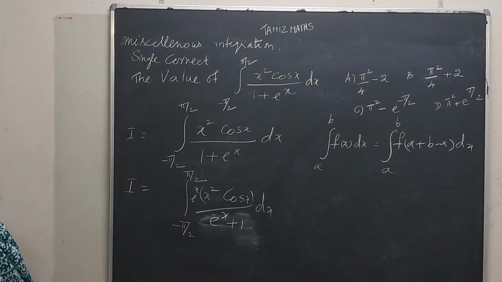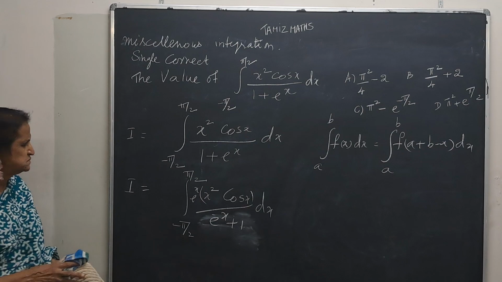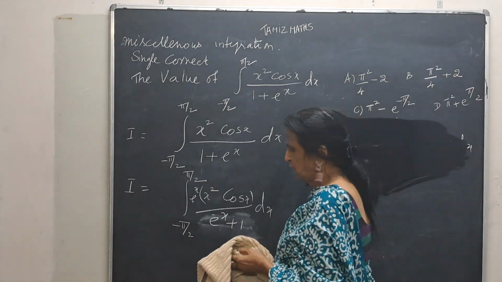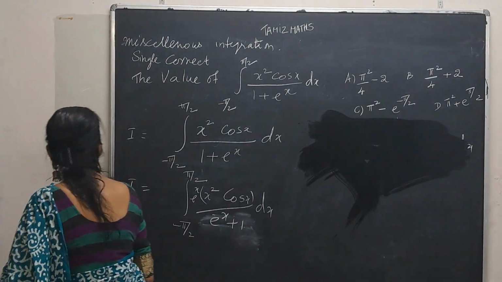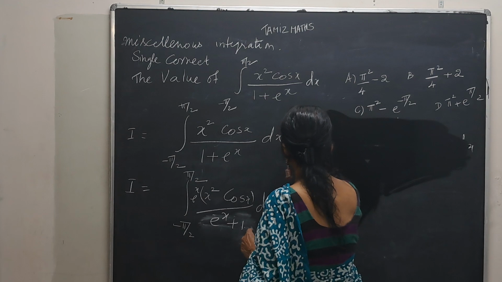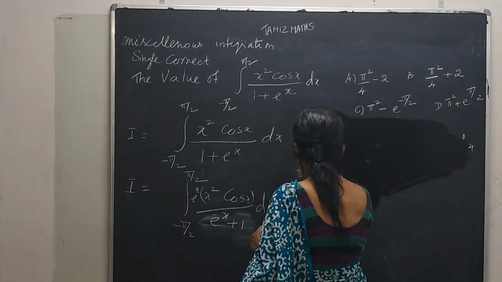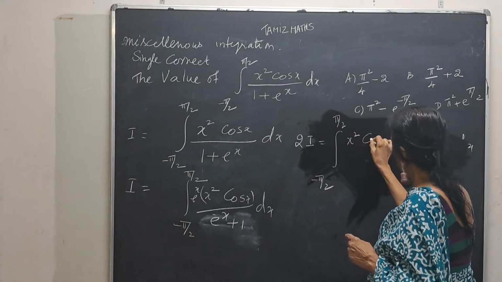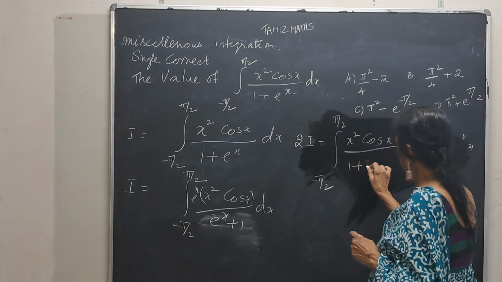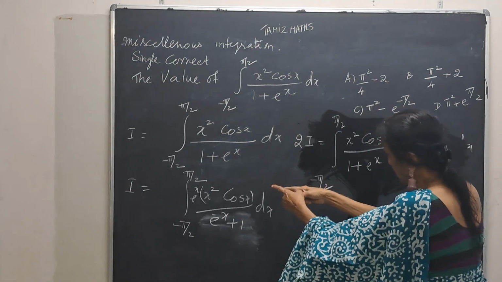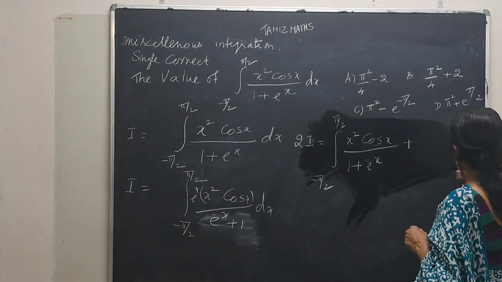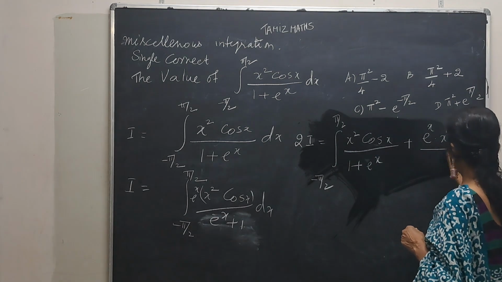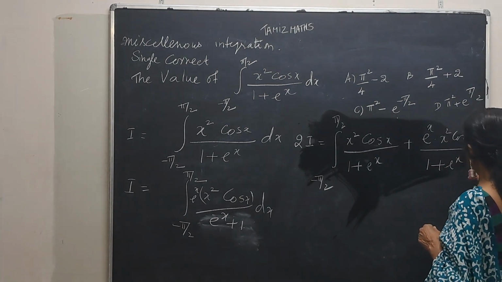So I is equal to, add them both. I plus I, 2I, is equal to the integral from minus pi by 2 to pi by 2 of x square cos x by 1 plus e power x, plus I with that, so I merge them together, plus e power x into x square cos x by 1 plus e power x dx.